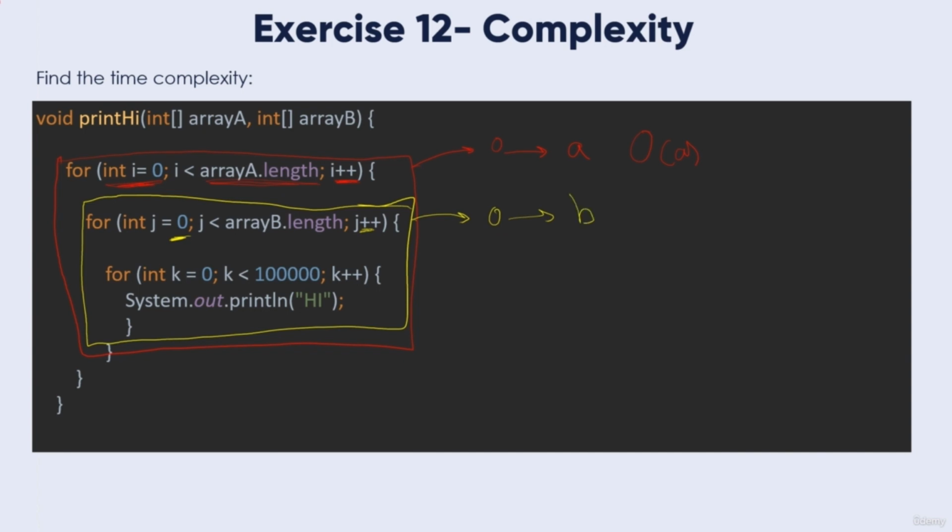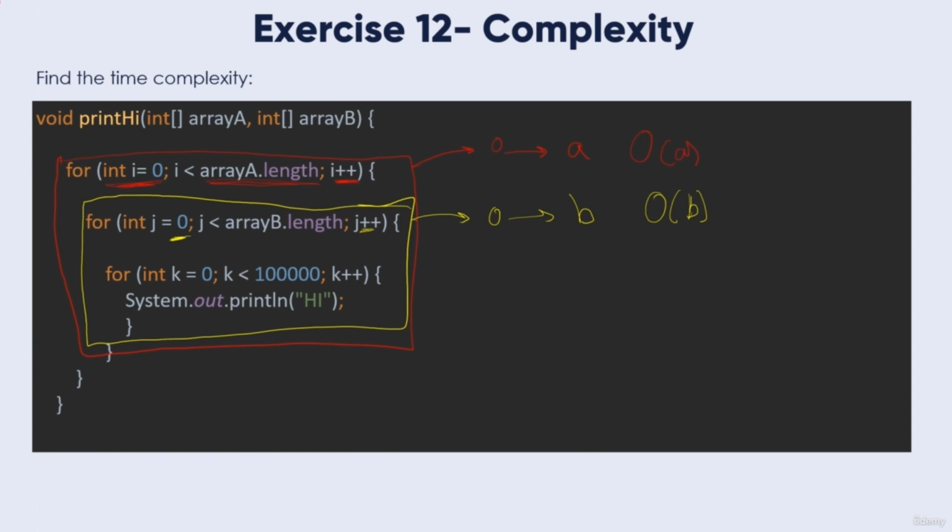So B is the array B length. We have solved this in the previous exercise. And I told you the trick in that question, exercise number 11, is understanding that array A length is different from array B length. If they are equal, it would be O of n squared.